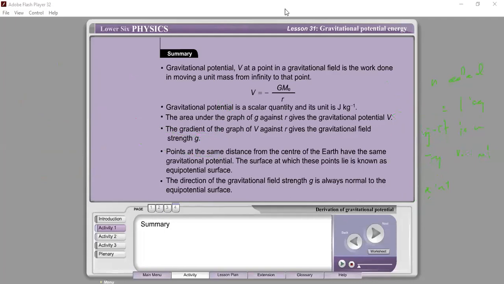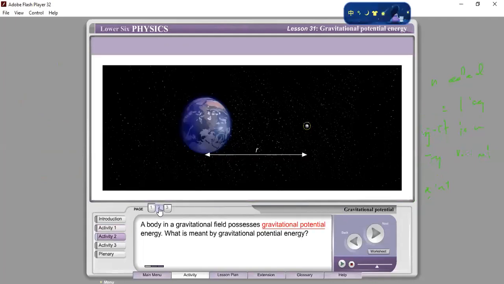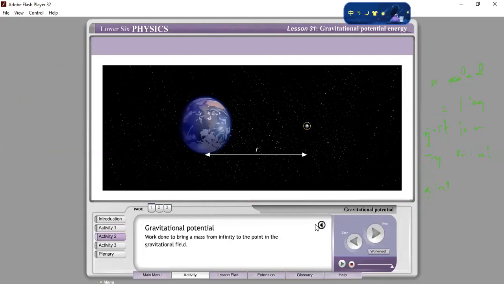A body in a gravitational field, this one already, right? It possesses gravitational potential energy. What is meant by gravitational potential energy? Gravitational potential is the work done to bring a unit mass from infinity to the point in the gravitational field.